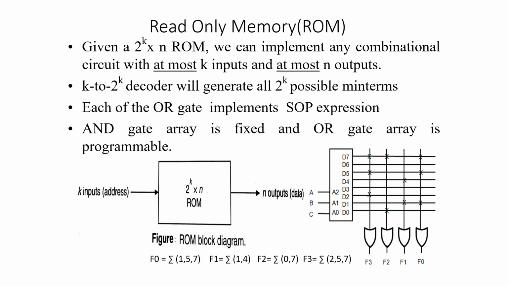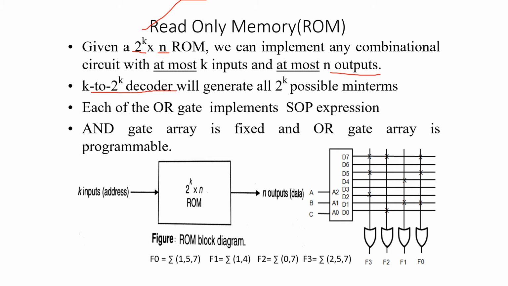So, read only memory, ROM. Given a 2 power k into n ROM, 2 power k represents the number of memory locations in the ROM and n represents the number of bits in each memory location. So we can implement any combinational circuit with at most k inputs and at most n outputs by using this 2 power k by n ROM, with a k to 2 power k decoder.